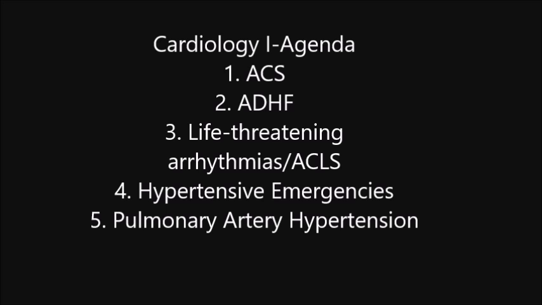So let's go into a couple of cases, and we'll apply this knowledge that we just went through. You've got a 66-year-old woman with a prior history of MI, hypertension, hyperlipidemia, diabetes. She presents with sudden onset diaphoresis, nausea, vomiting, dyspnea. She's got a band-like chest pain that's 8 out of 10 on a pain scale. It radiates to her left arm.